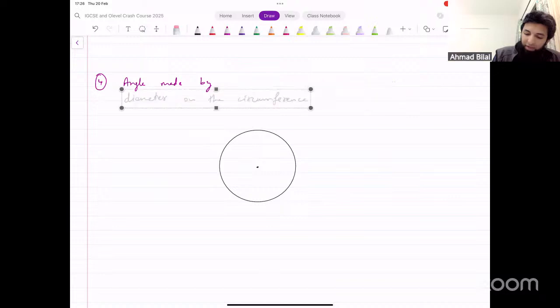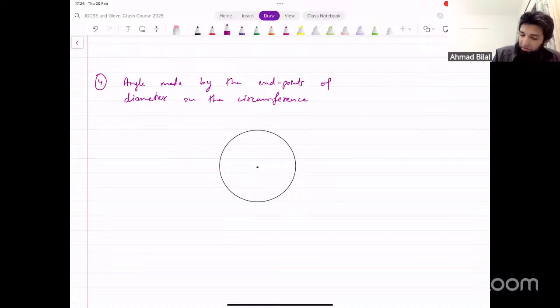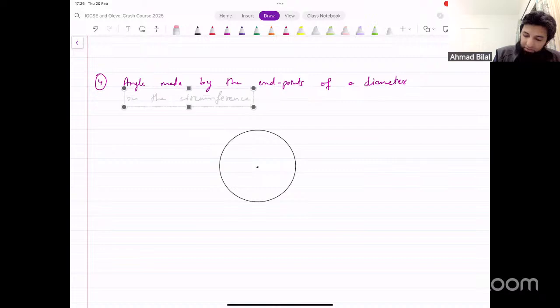Now, what do you mean by diameter? It means angle made by the end points of the diameter on the circumference, that is equal to 90.